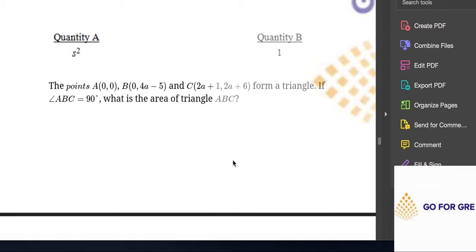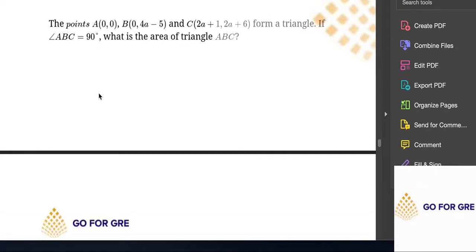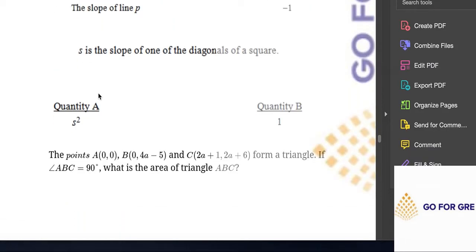Now this question: what is the area of the triangle? So here we have to draw the triangle again.